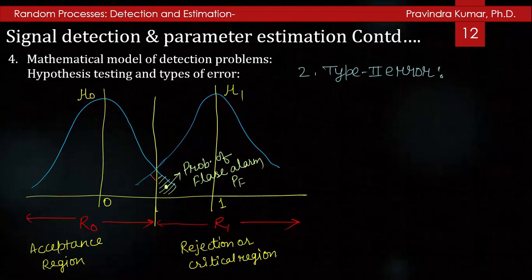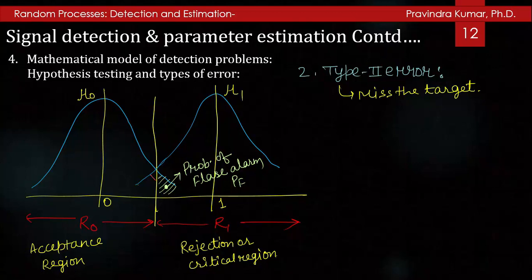And type second error means reject H1, accept H0 when H1 is true. This corresponds to missing the target, meaning the target is present but you have taken the decision in favor of H0 while H1 was true.